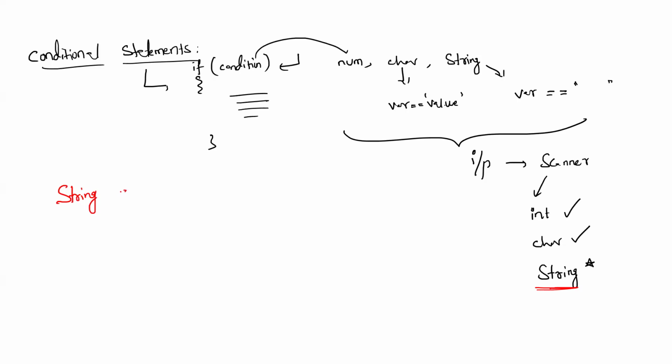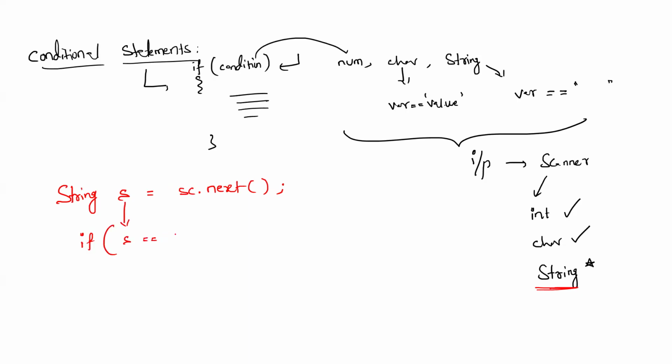To read a string value from the Scanner class, we take a variable of the programmer's choice. Assume S is the object of the Scanner class, then next is the method we use. Then we use the if condition with the string variable and some value.